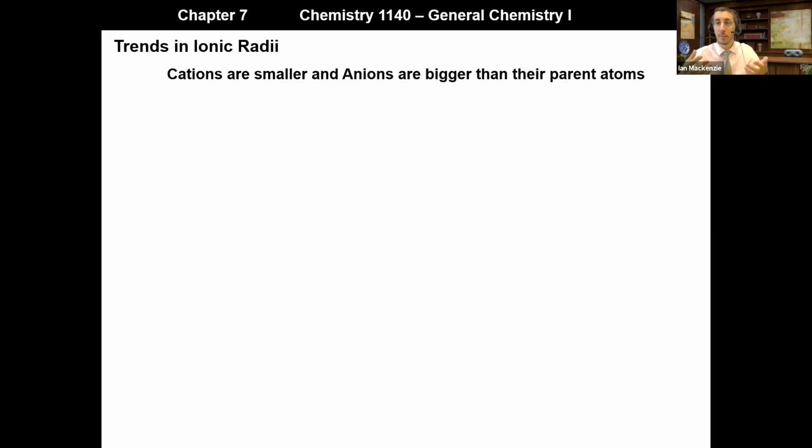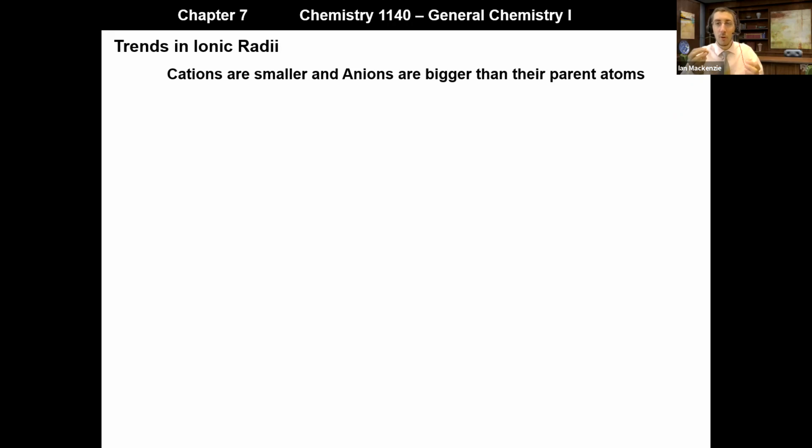And I think we can make some sense of this. If the atomic radius is the distance from the nucleus to the valence electrons, and a cation, like lithium, for example, has just lost its only valence electron, then certainly now the distance is just the nucleus to the core electrons. That's certainly smaller than what it was previously. So cations, because they've lost electrons, are smaller.